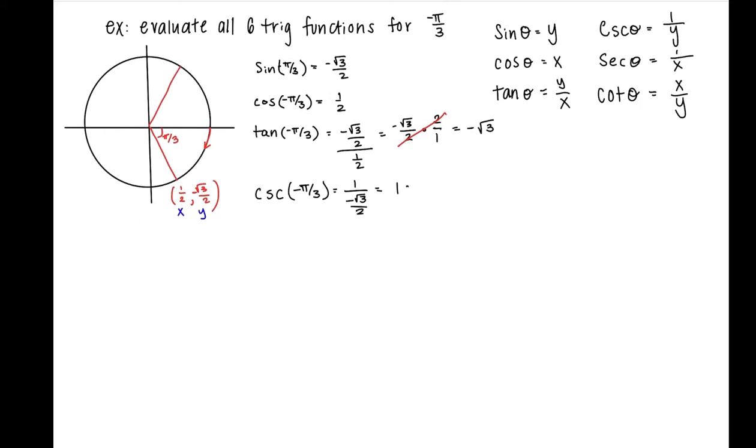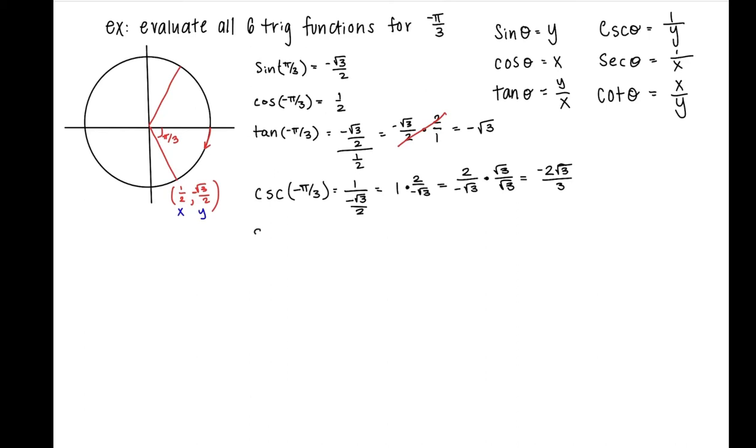Again, we take our numerator and multiply by the reciprocal of our denominator. Okay, this is just going to simplify to 2 over negative root 3. However, I need to rationalize my denominator, and I'll end up with negative 2 root 3 over 3. Okay, so the hardest part about this is probably simplifying and rationalizing the denominator.